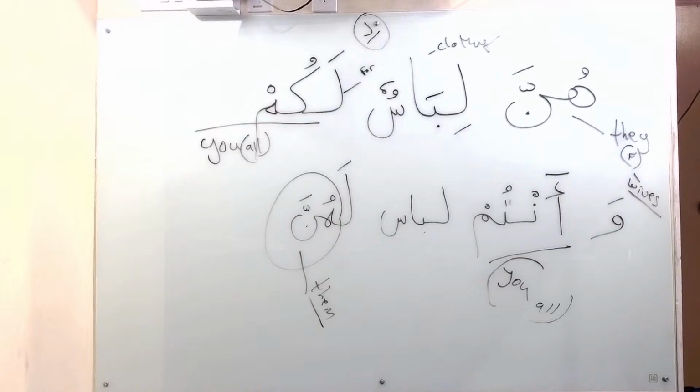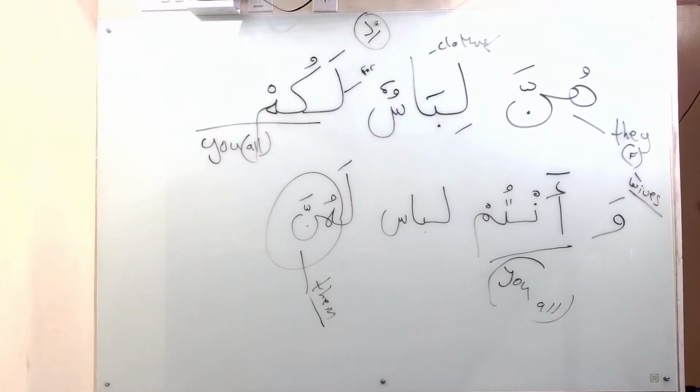So if I speak to one person, I say anta talib, you are a student. If I speak to more than one, I say antum tullab. If I want to say I saw you, meaning I'm speaking to one person, Khalil, I say ra'aytu ka.